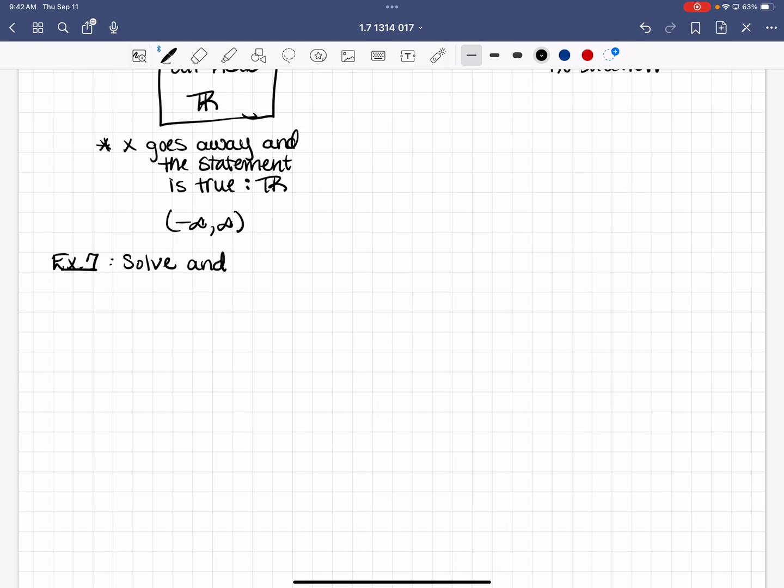From yesterday. Solve and graph the solution set on a number line. I have 1 is less than or equal to 2x plus 3 is less than 11.